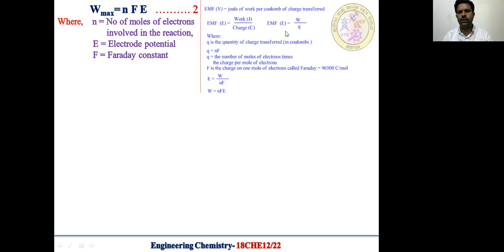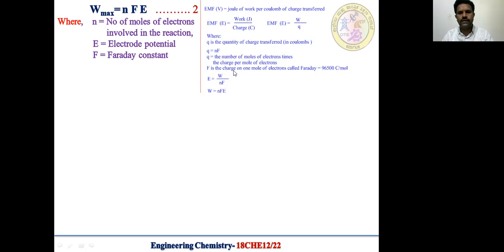So E is equal to W divided by Q. The charge is expressed by Q, where Q is the quantity of charge transferred, in coulombs. Hence, Q is equal to the product of the number of moles of electrons involved in the reaction and Faraday's constant. So what is that Faraday's constant?